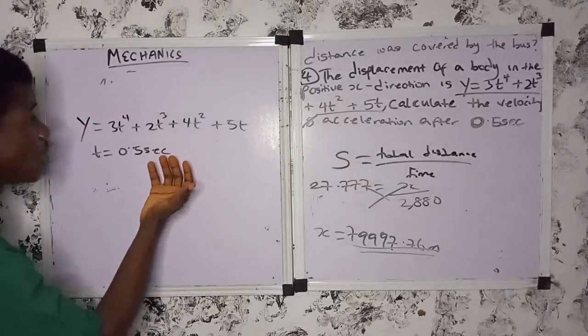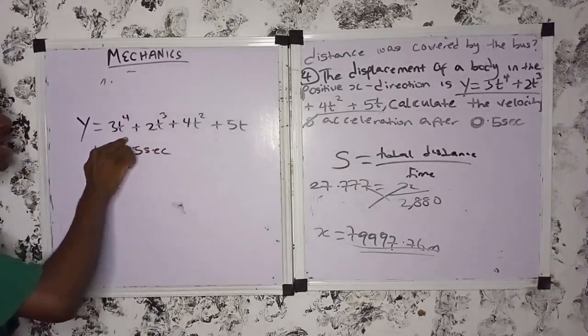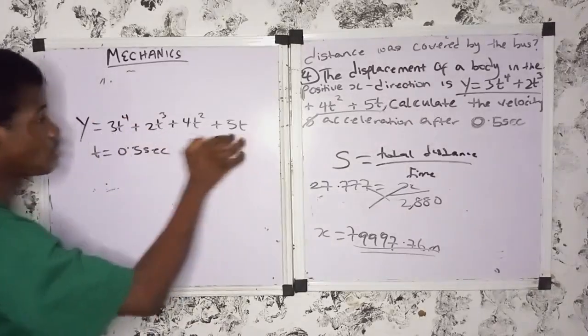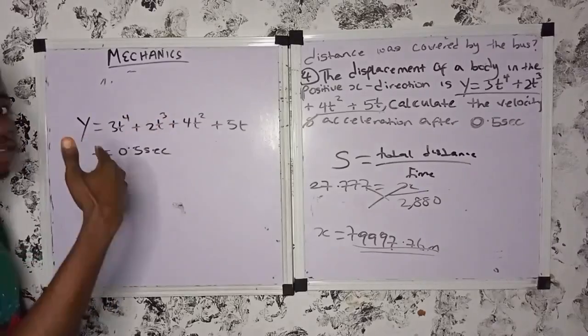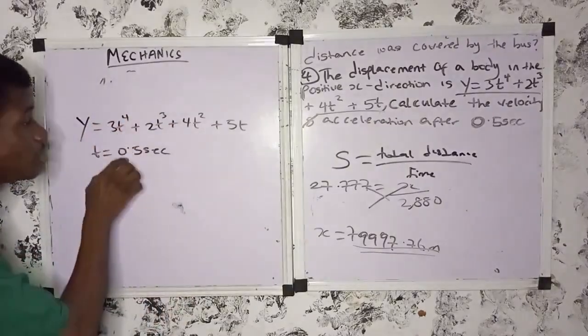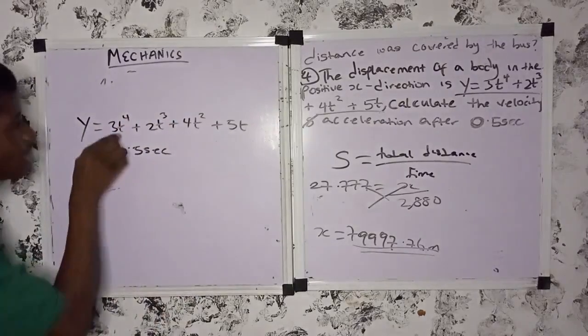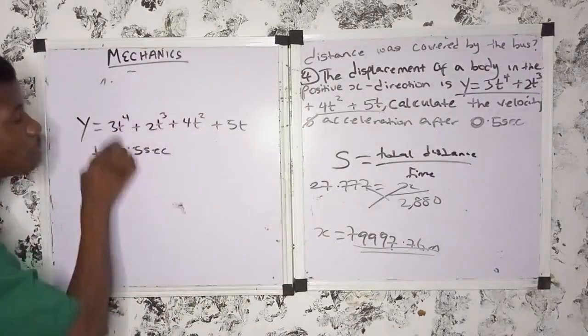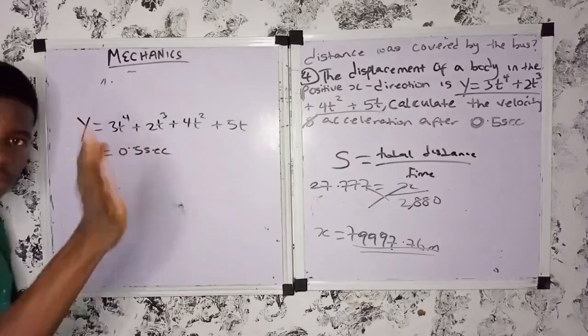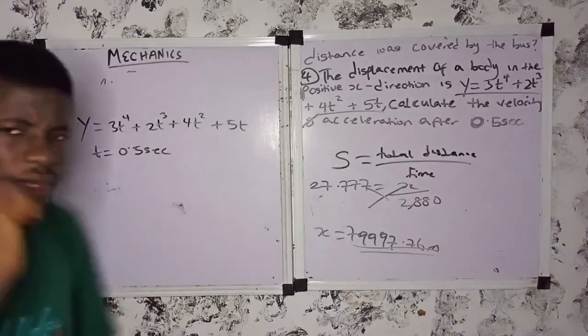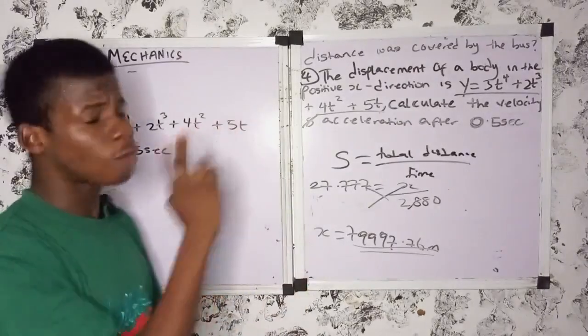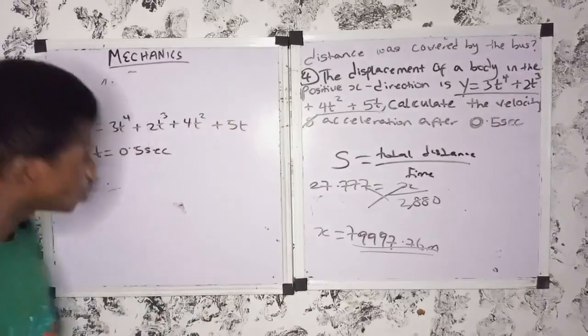So the very first thing we are going to do is to differentiate this value. Once you differentiate the value, we input the time in this place, and after inputting the time, we get our velocity. Now take note, it's very important.